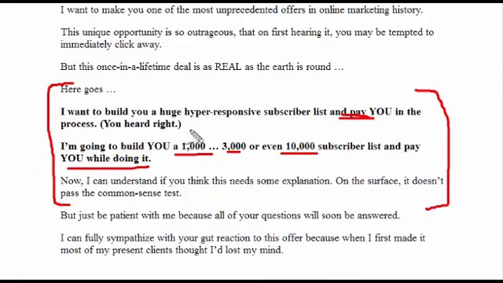Now it says here, I'm going to build you a 1,000, 3,000, or even 10,000 subscriber list and pay you while doing it. The reason I didn't just promise a $10,000 subscriber list is that it's always good to give a range, because readers are on a different spectrum of believability. Some people think there's no way you can build them a $10,000 list.